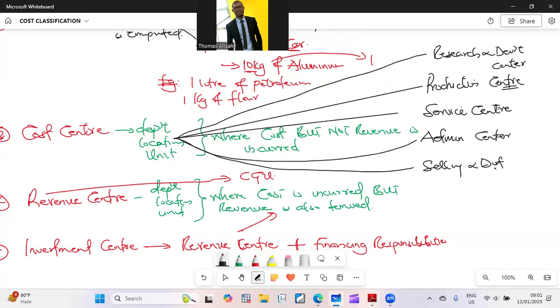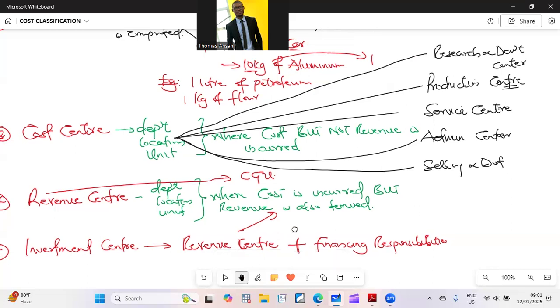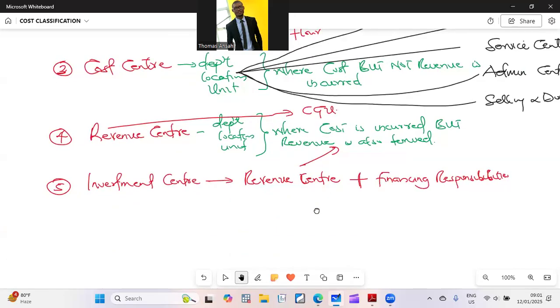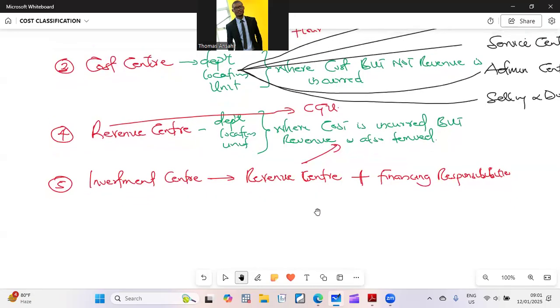So these are things that you should have an idea about. Cost object, cost unit, cost centers, and revenue centers. The revenue centers, you can also call them the profit centers, because they have both cost and revenue.